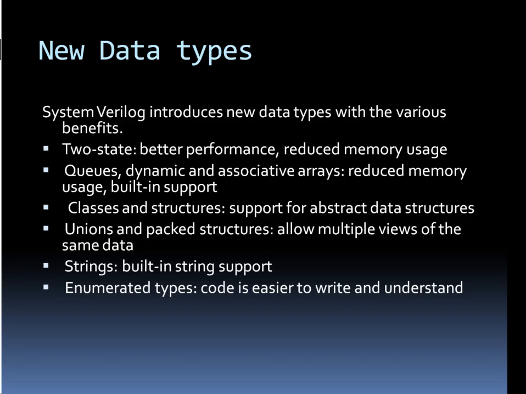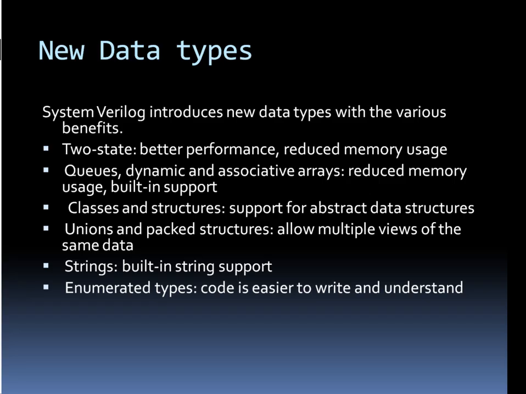So the new data types in SystemVerilog, there are so many. SystemVerilog adds many new data types to help both hardware designers and verification engineers. Because we will see later that there were many disadvantages with the data types in Verilog. These new data types will overcome those disadvantages.